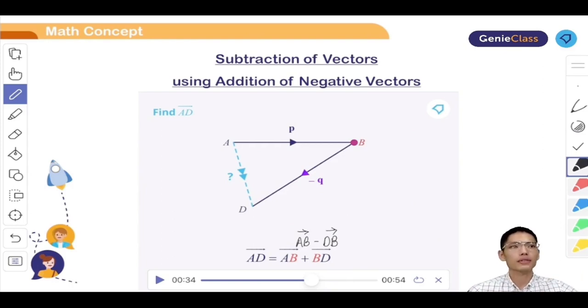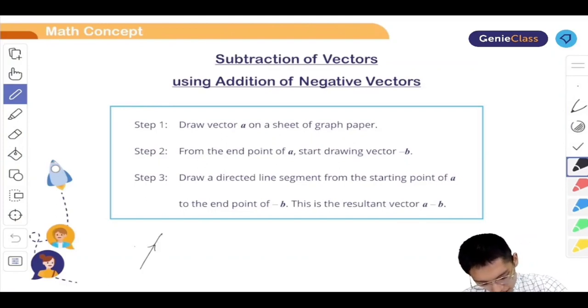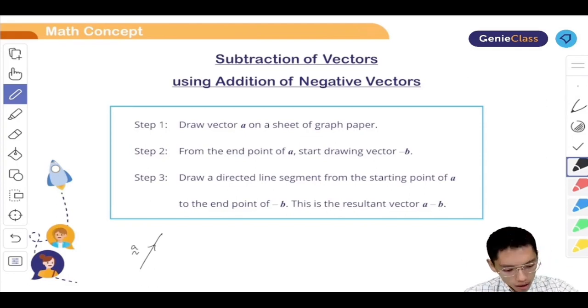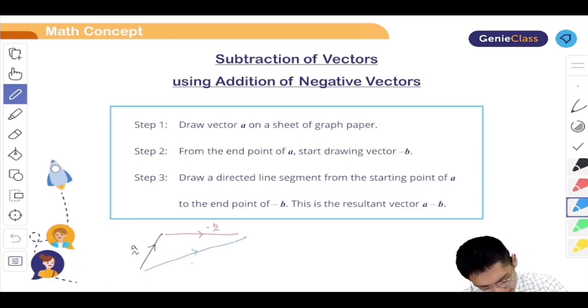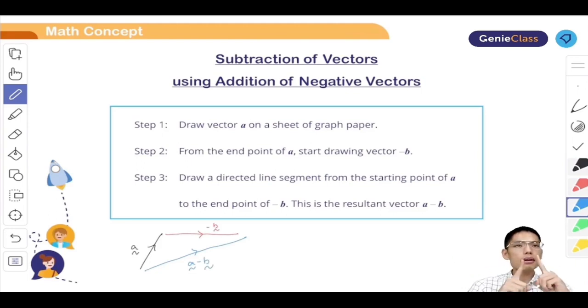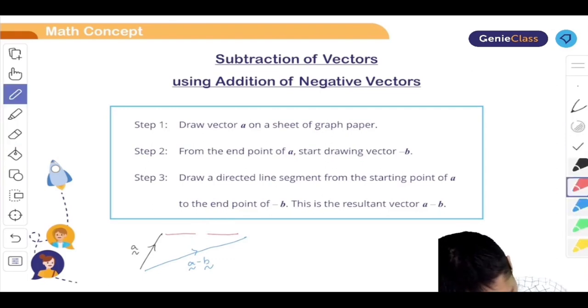Same notion over here. Alright, so right now, how do we actually draw the negative vector? Similar notion to what we did for the investigation. First, we draw the vector A. So how do we visualize this? It's vector A. What we do, draw the negative vector, negative B. From there, we get A minus B. But sometimes what is given to you is the vector B, this direction over here.